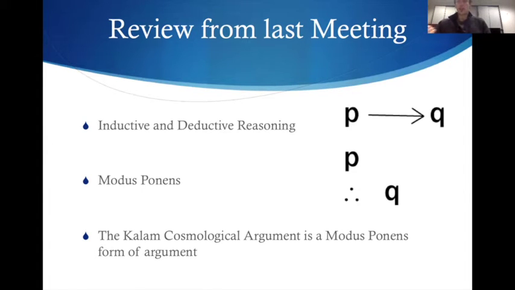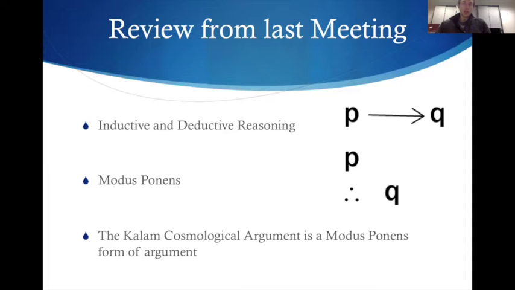This is formulated, if you look to your right, as: if P, then Q; P; therefore Q. These are just symbols for the propositions you would use in a deductive argument. As we talked about last time, this argument form in particular is called modus ponens, and the Kalam cosmological argument is a form of modus ponens.